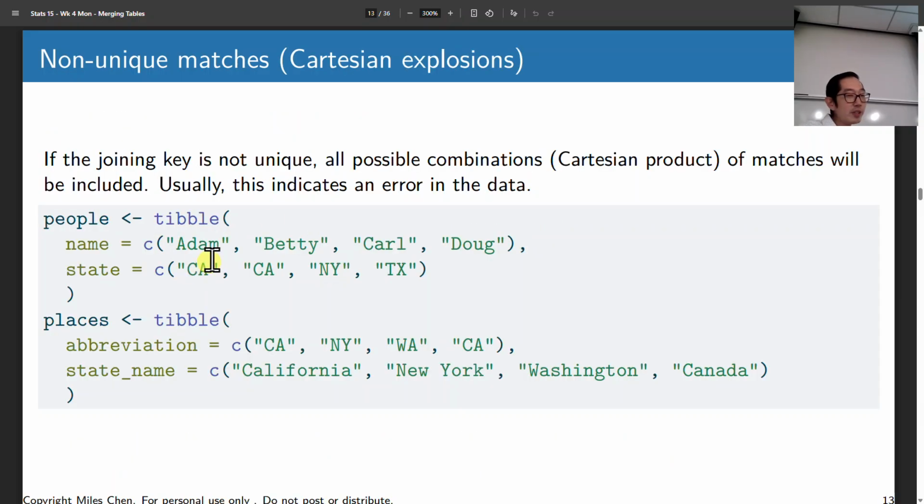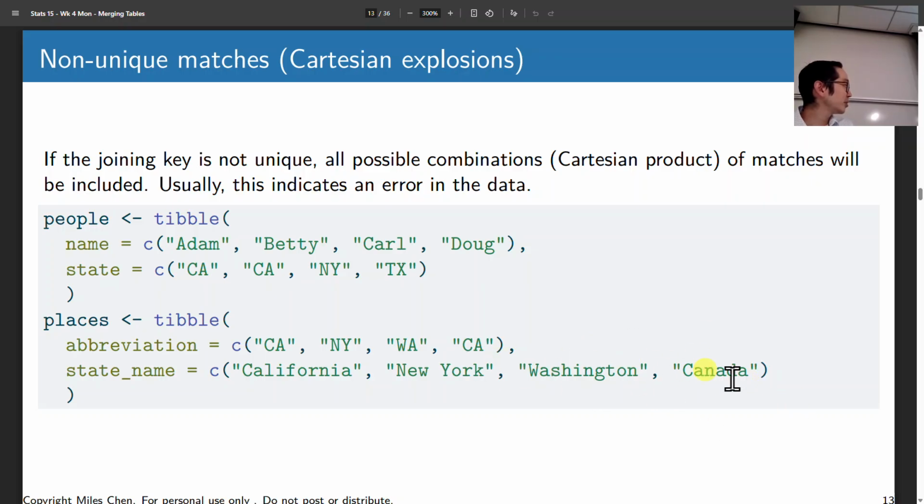So here I've got the same people table: Adam, Betty, Carl, Doug, CA, NY, TX. And then I have not a states table but places, which I called state name. So we have CA, NY, WA: CA for California, NY for New York, WA for Washington. But what if we had a CA for Canada? This would be terrible.